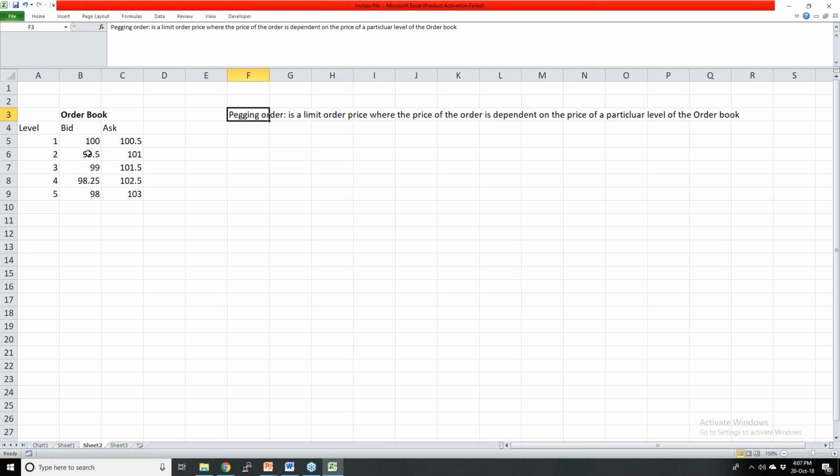And you can peg it to a particular level, you can peg it to the bid ask spread and whatnot. But let us say that basically a pegging order is a limit order where the price of the order is dependent on the price of a particular level. So an order that is pegged at, say, level 1, right?